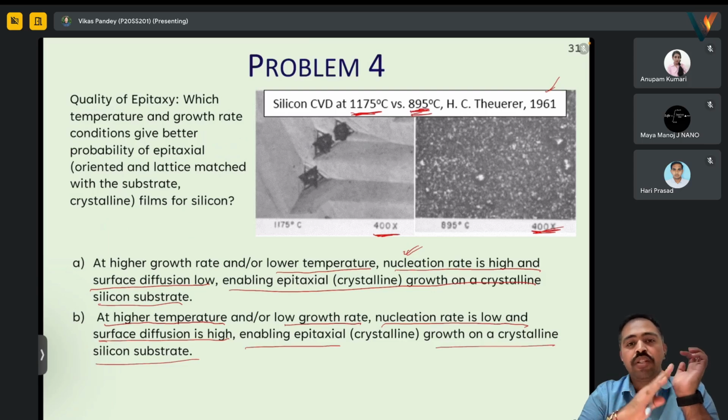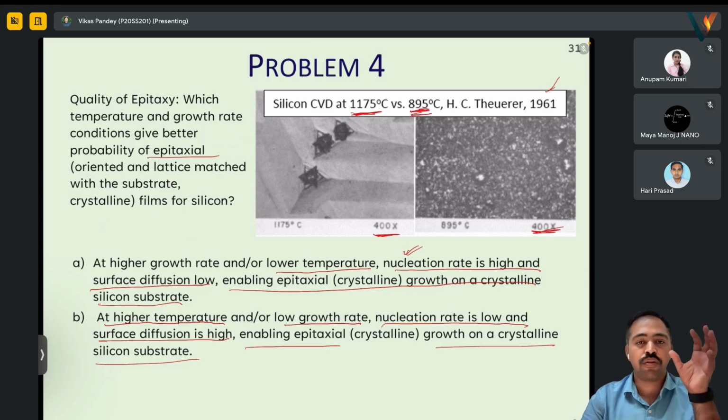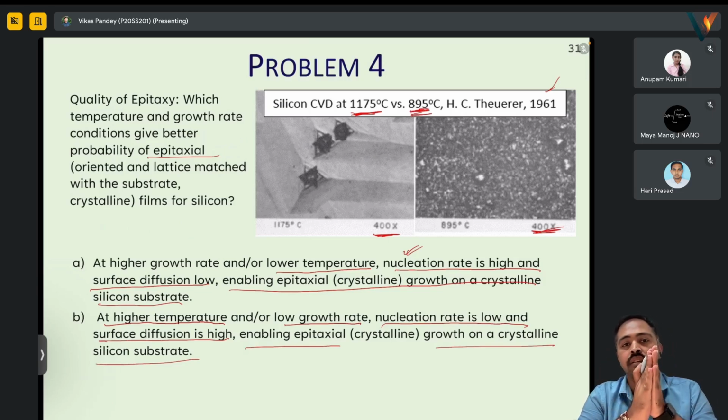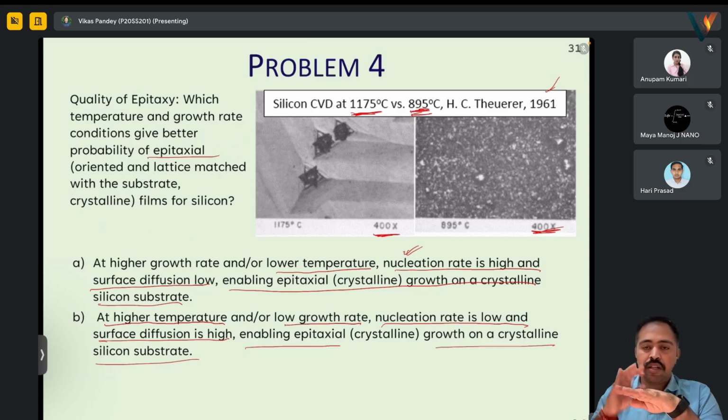So, which of these cases will give a better chance of epitaxy? That means growth of fully oriented silicon, like whatever silicon is on the substrate, the other silicon will align to it. Yes.